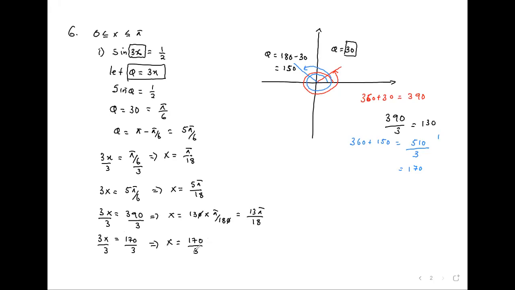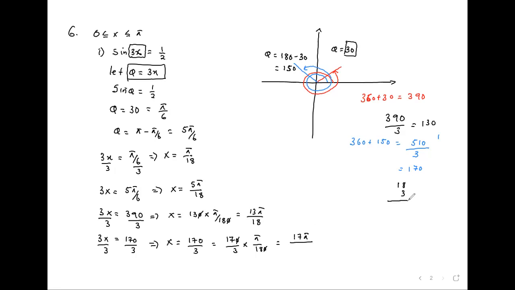Can this be simplified? Let's see. It can't. So we just change it to radians. We multiply by pi over 180, and at least the 0 can go. So we have 17 pi over 18.